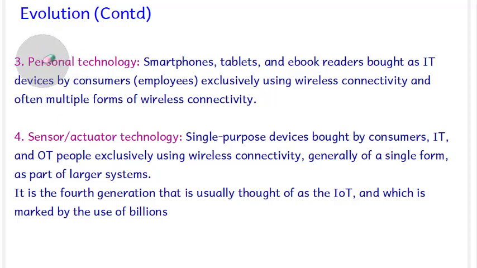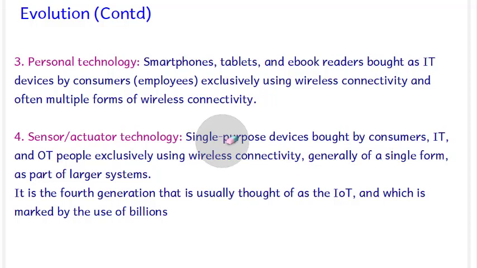Then the third one is personal technology. These are devices such as smartphones, tablets, e-book readers, etc., which are brought in as IT devices, and they generally have wireless connectivity. Then the last one is sensor or actuator technology. These are generally single purpose devices, which we call embedded devices. We can say they are made for a particular application.